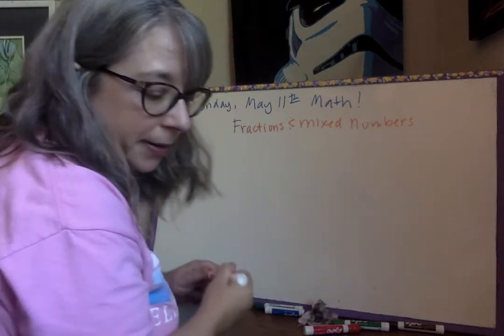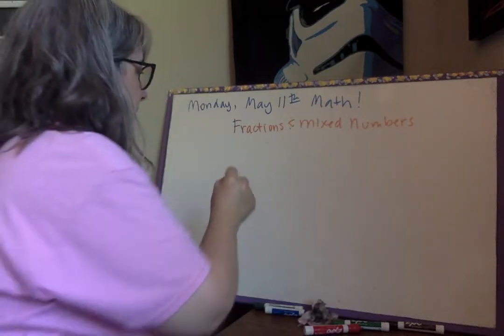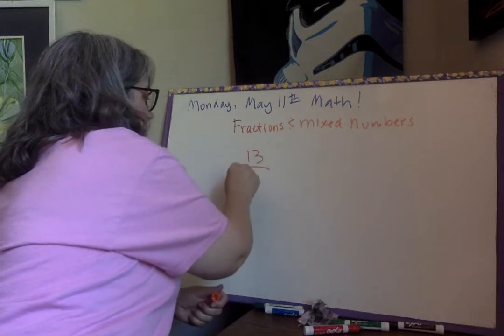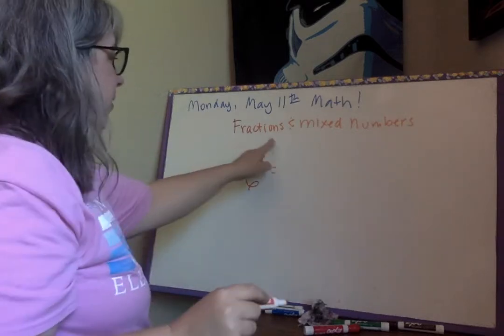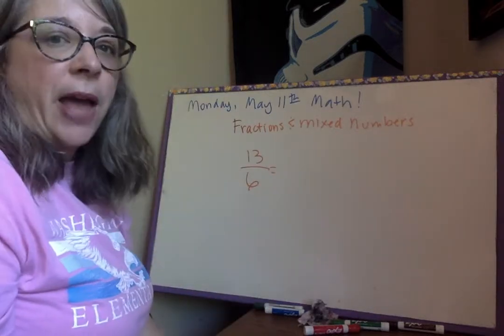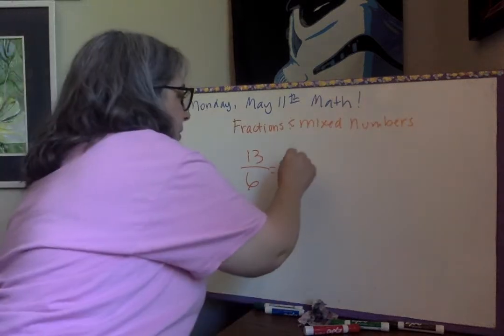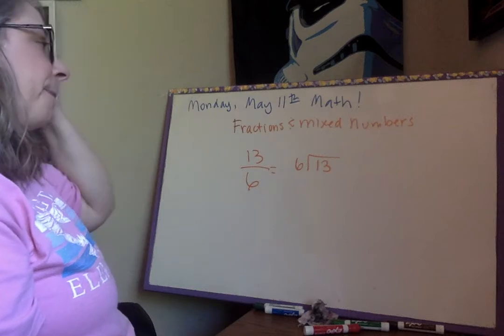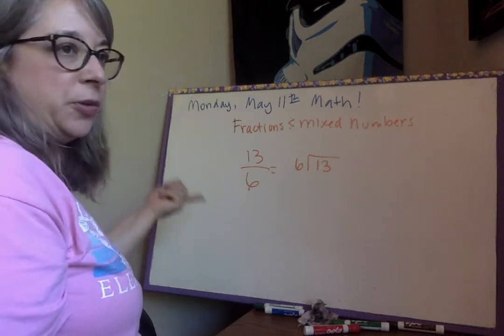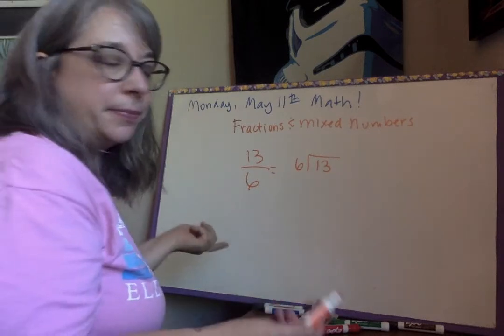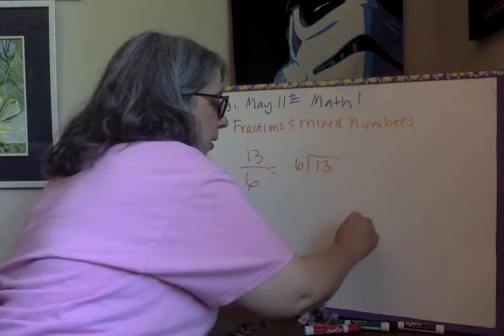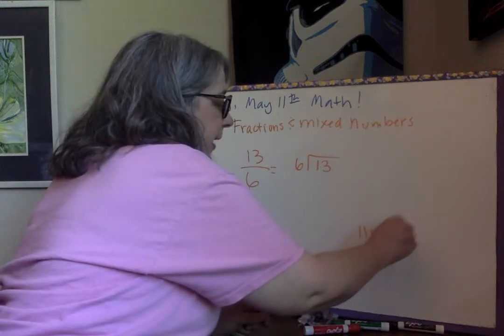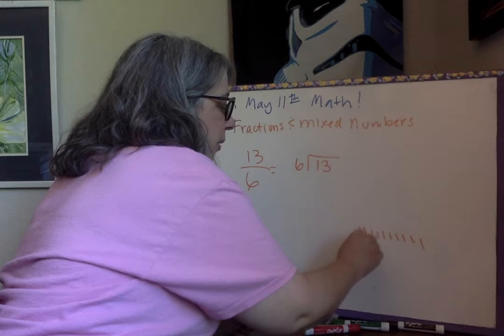Let's try 13 over 6. All right, so again, you've got to think in terms of how many times 6 will go into 13 without going over. Can you draw out 13? Yeah, sure. 1, 2, 3, 4, 5, 6, 7, 8, 9, 10, 11, 12, 13.